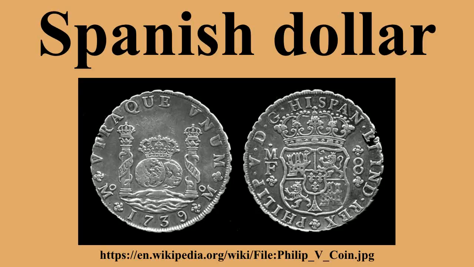Mints in Mexico and Peru also began to strike the coin. The main New World mints for Spanish dollars were at Potosi, Lima, and Mexico City, and silver dollars from these mints could be distinguished from those minted in Spain by the Pillars of Hercules design on the reverse.